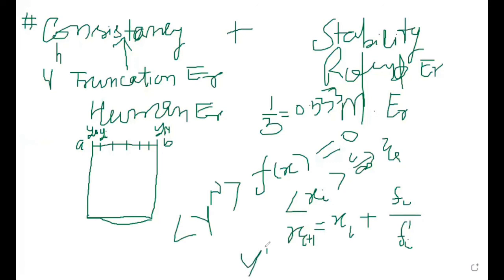Here y_n is a discrete function. y_n is a vector whose components are y0, y1, and so on. So it will not be a sequence of numbers; it will be a discrete function.